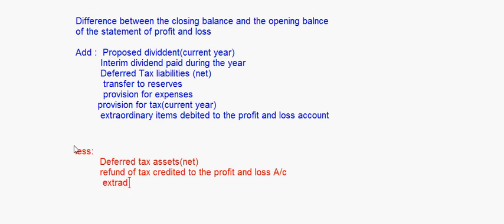And extraordinary items credited to the profit and loss account. Fine. This will give us the net profit before tax and extraordinary items. Okay.